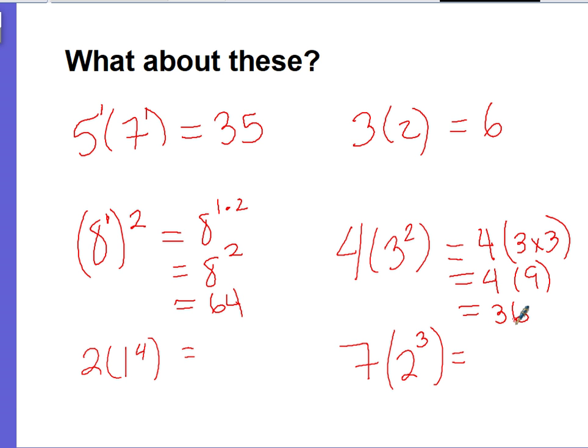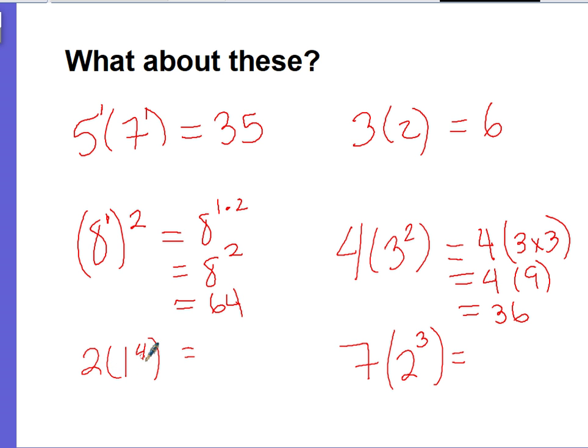I'm obligated to work with what's in the parentheses first. So 3 to the second is really 3 times 3. That becomes 9. 4 times 9 gives you 36. Because again, when I looked at these problems before, when I have two bases separated by parentheses, that means multiplication.